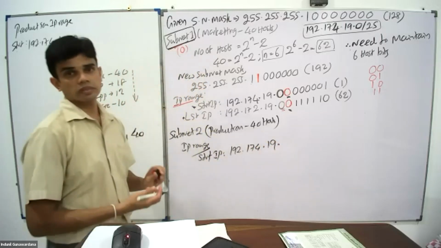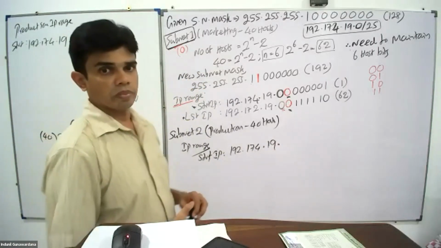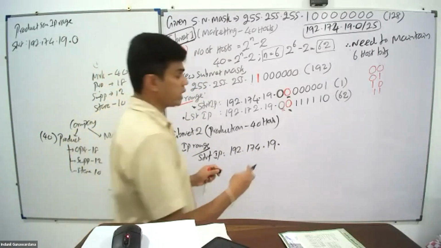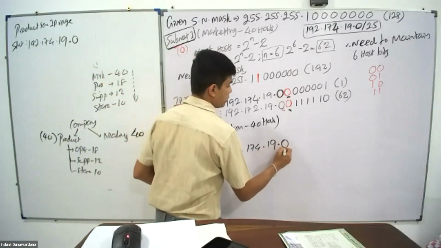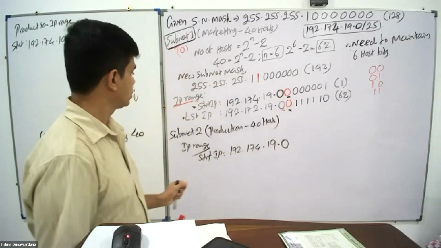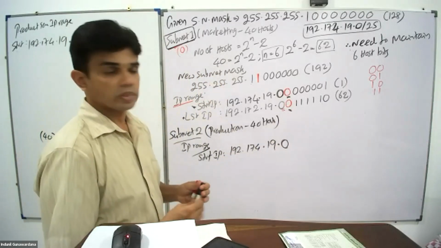What is the next bit, 0 or 1? It's 0, that is the network. Then the subnet bit, is it 0 or 1? For subnet 2, that's going to be 1.